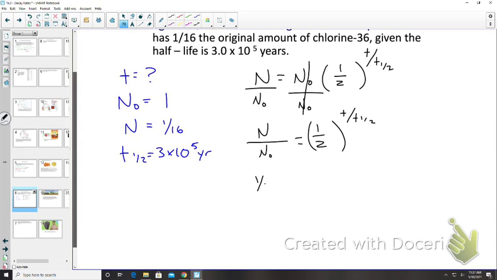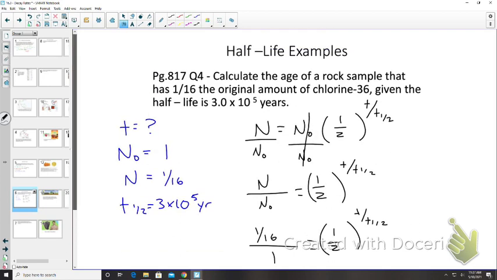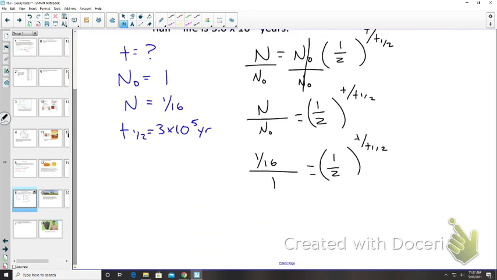So 1 over 16 divided by 1. Any number divided by 1 is just going to be that number. So 1 over 16 is equal to 1 over 2 to the T divided by T half.